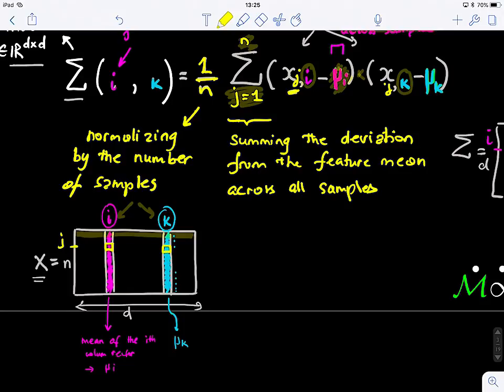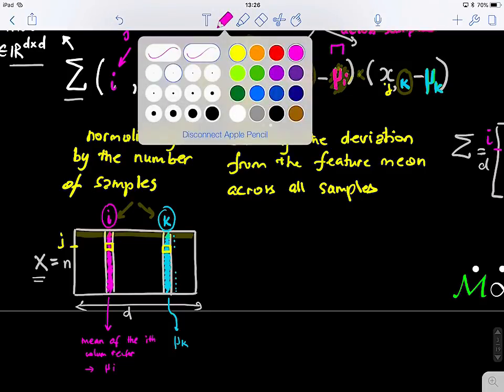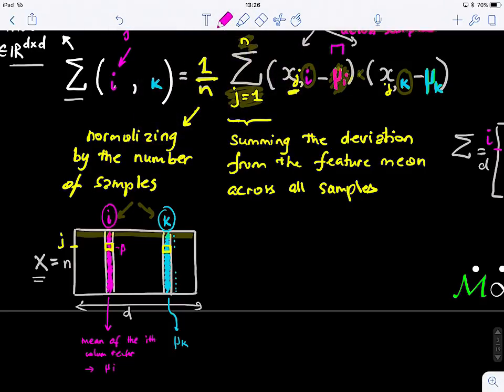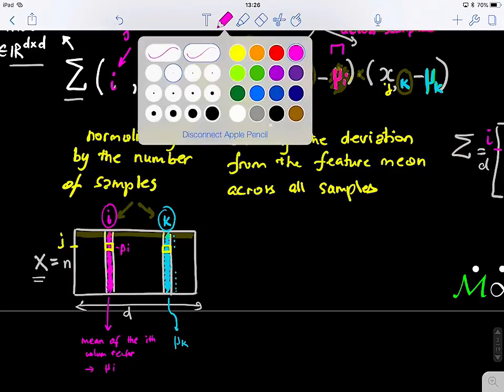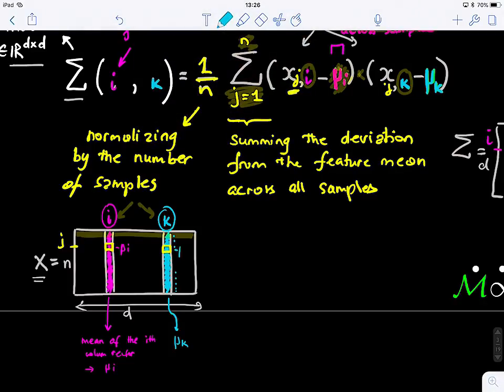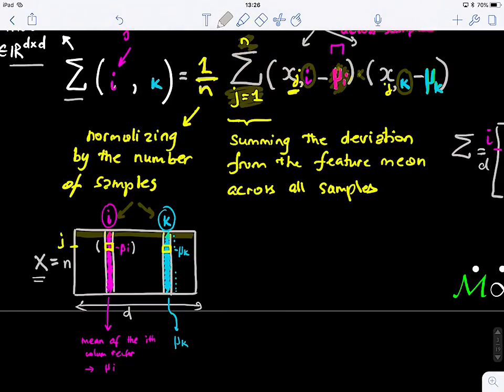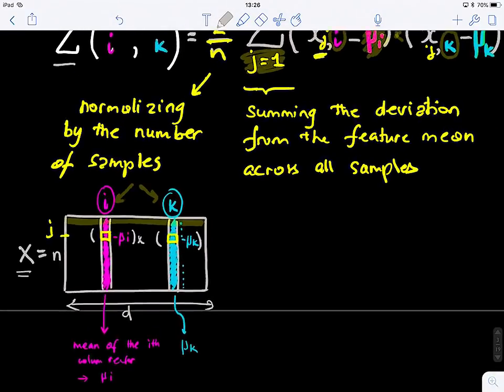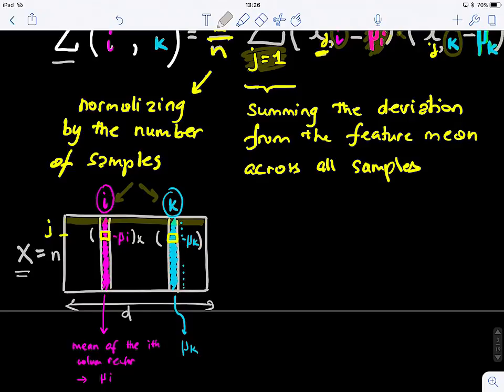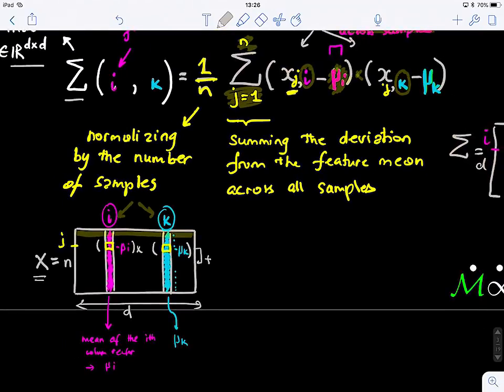For the features I and K, I subtract mu I from the first, and from the other one I subtract mu K, the average. Then I just multiply them. The next step is to go to the next sample and add. So it's a summation over all samples.